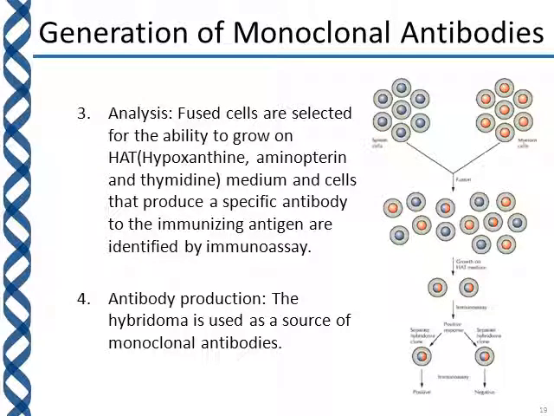So this is very much like what we saw in the selection of vectors. Neither the myeloma cells nor the spleen cells can grow on HAT media, but the fusion partners can. So when these cells are grown in HAT media, only the fused cells are allowed to grow.